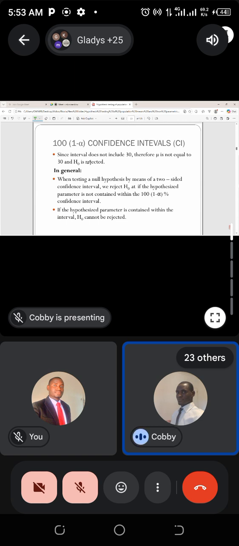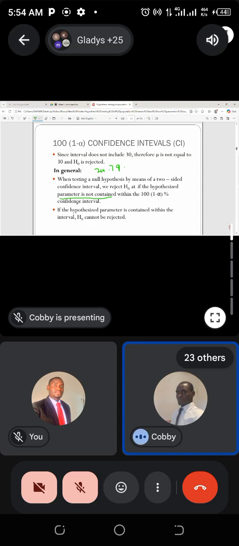So if the hypothesized mean is not contained, like we have seen in our case, we have 24 to 29. So the hypothesized parameter, which is 30, is not contained within this range. And since it's not contained, we are going to reject the null hypothesis.